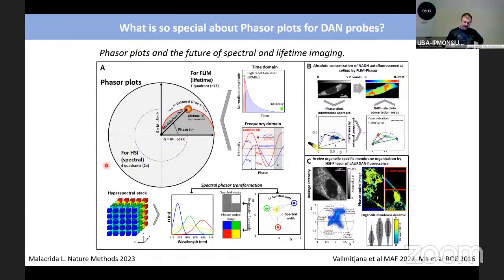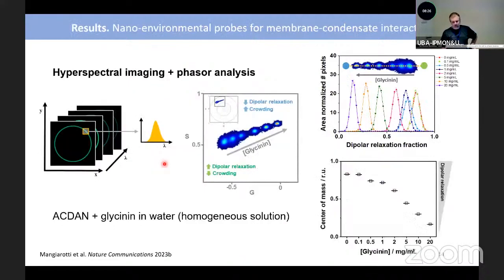To analyze this data, we use the phasors. We use the FLIM and the spectral phasor because we collect both kinds of information. The first thing I want to show you is that we start by calibrating how the ACDAN photophysics change with different amounts of glycine in water.